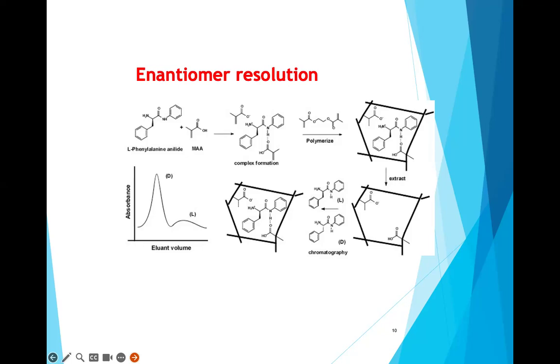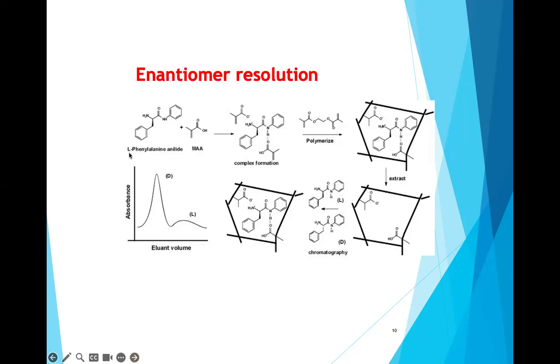One enantiomer can be a good drug, the other one can be toxic. So in order to separate the enantiomers, this is one way of doing it, by using imprinted polymer.